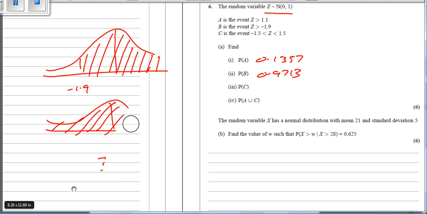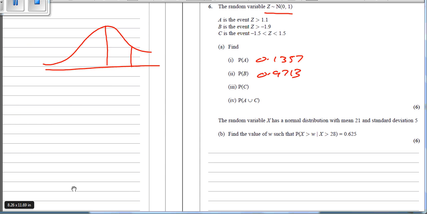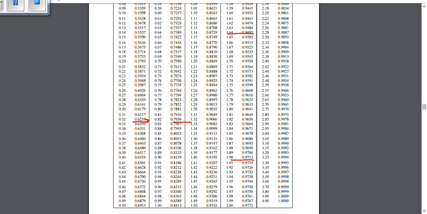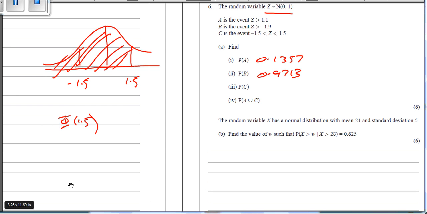So again, do ourselves a diagram just so that we can see. So 1.5 and minus 1.5. Now, if we look up phi of 1.5, we get 0.9332. So let's go back to our diagram. That is that there.